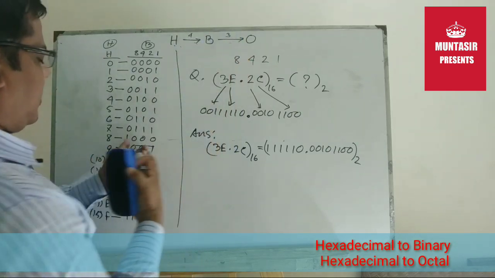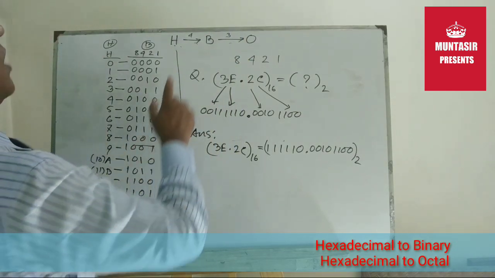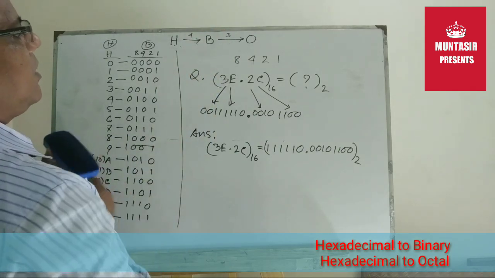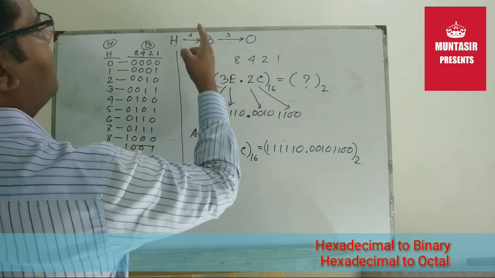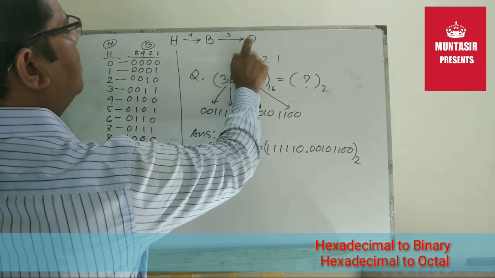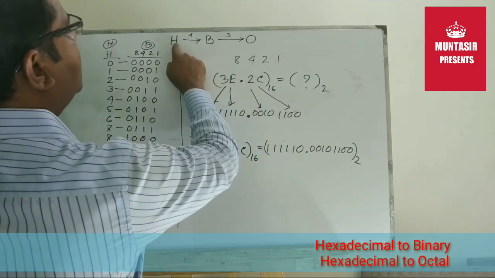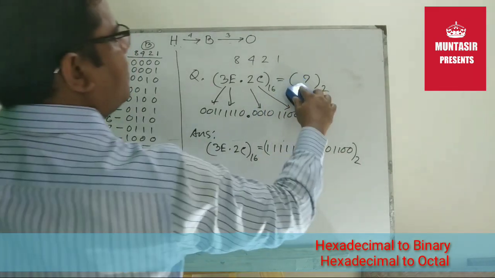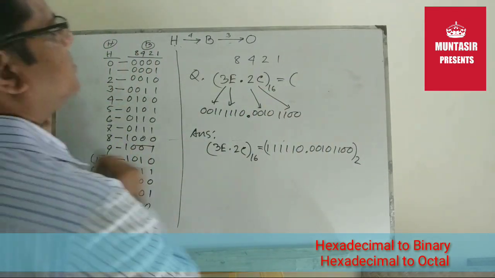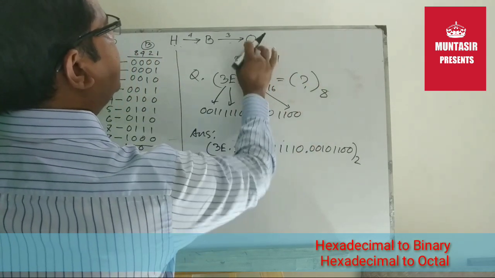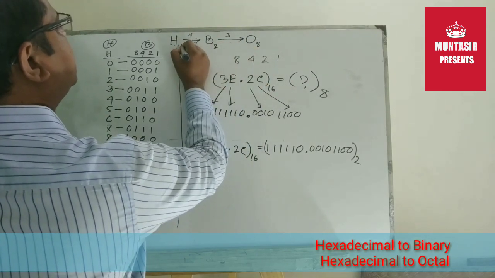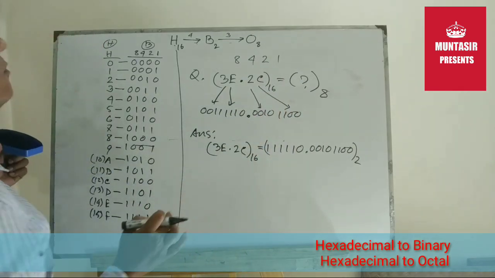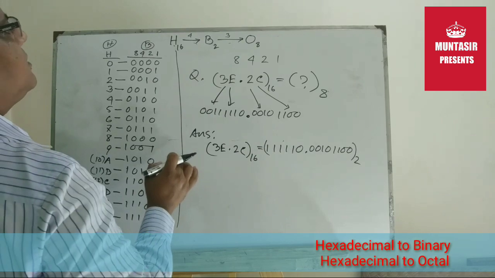Now we'll discuss binary to octal. If you want to convert binary to octal, you have to use 3 bits. For hexadecimal to octal, that is base 16 to base 8, at first you have to convert hexadecimal to binary.